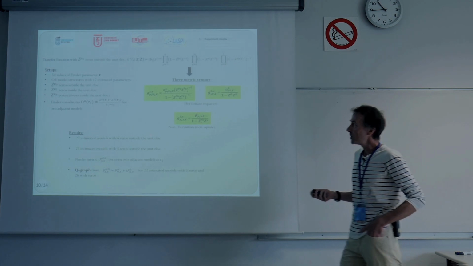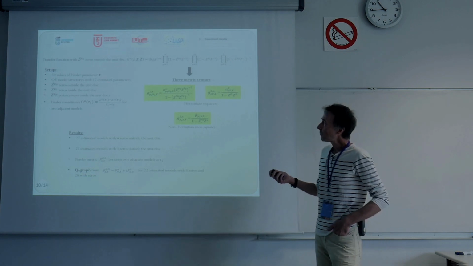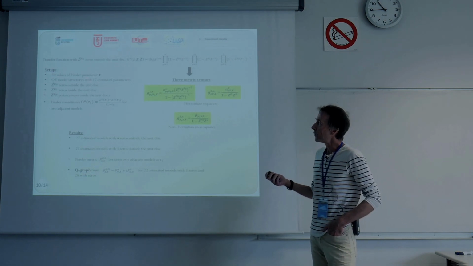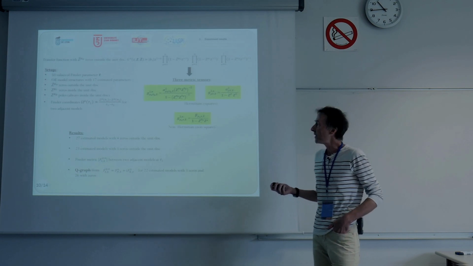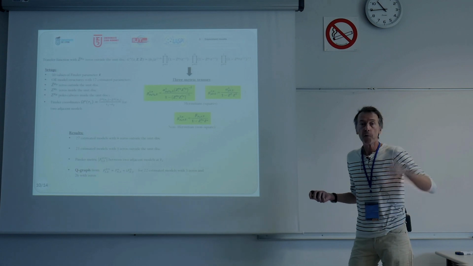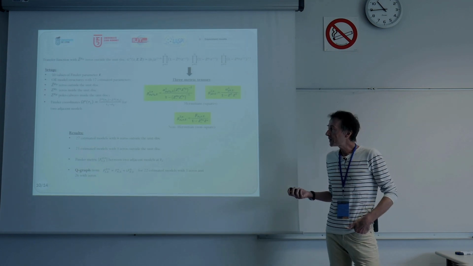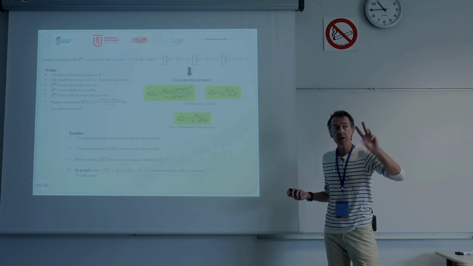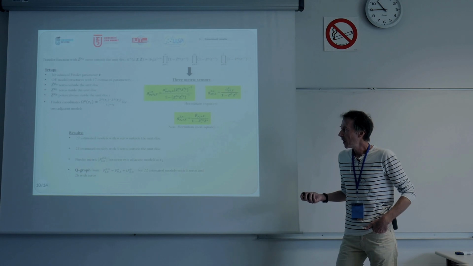Okay, and as a result, we put 50 values of the Finsler parameter tau, and we obtain 27 estimated models with 4 zeros outside the unit disk, and 33 estimated models with 3 zeros outside the unit disk.